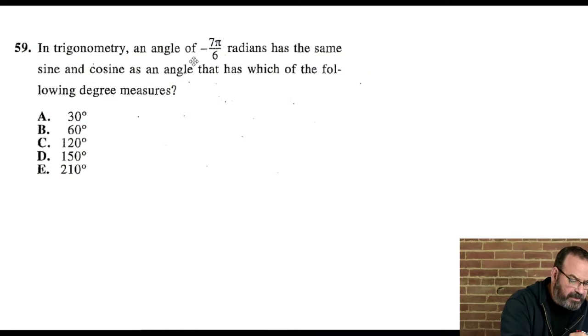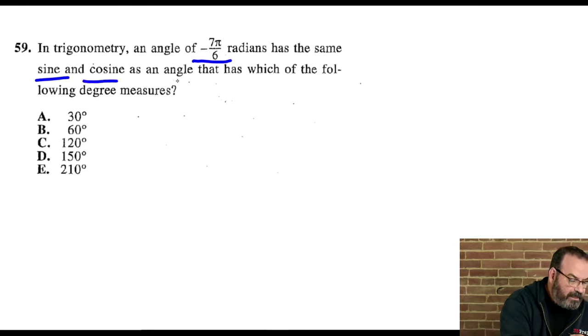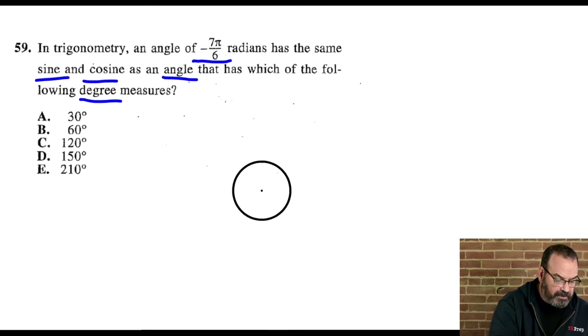In trigonometry, an angle of negative 7/6 pi radians has the same sine and cosine as an angle of which of the following degree measures? Let me toss in a circle.